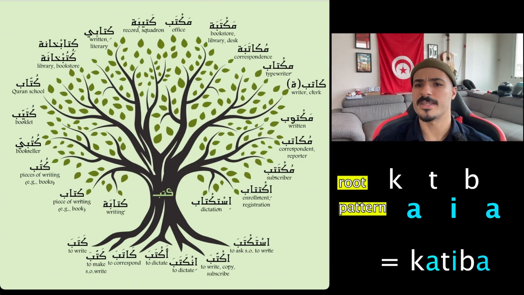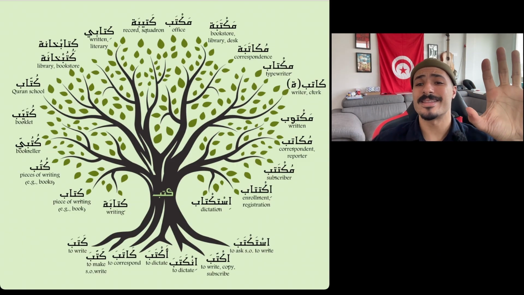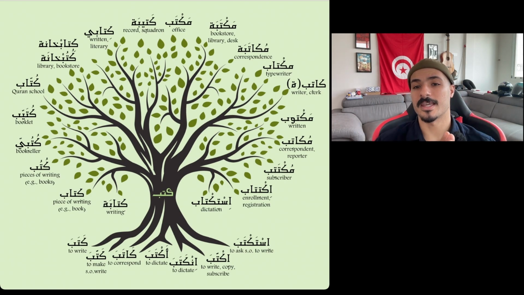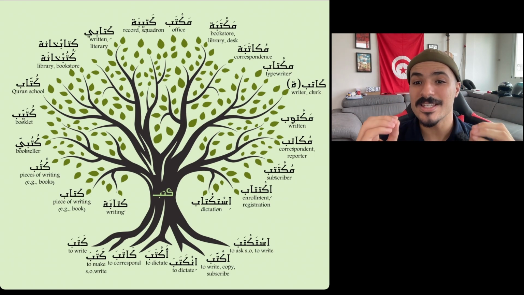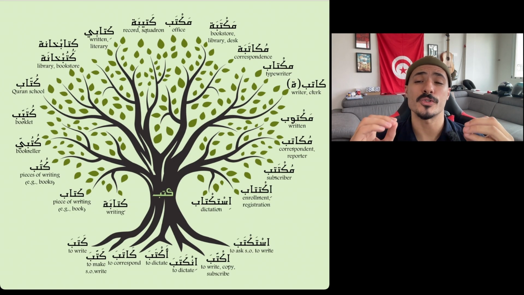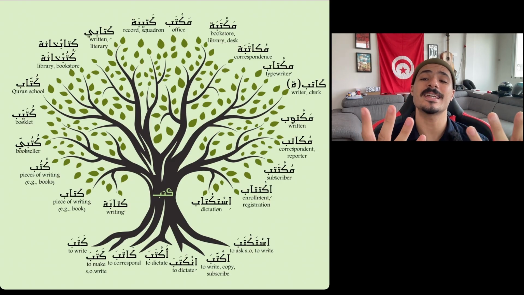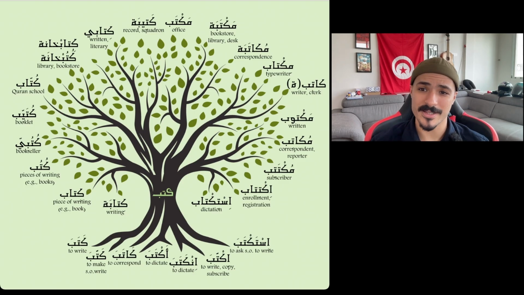It tells you this is the place of kataba, this is the person of kataba, this is the time of kataba, this is a tool of kataba. Everything has a meaning. And this is why Arabic is one of the most logical languages in the world. Right now, learning 12 million words is not impossible because everything makes sense and everything is connected with the same letters most of the times.